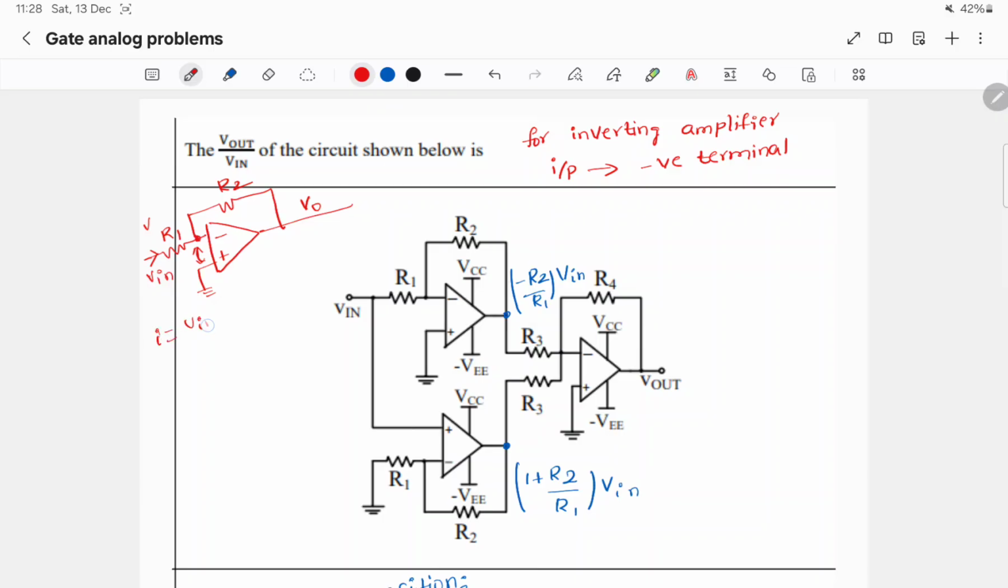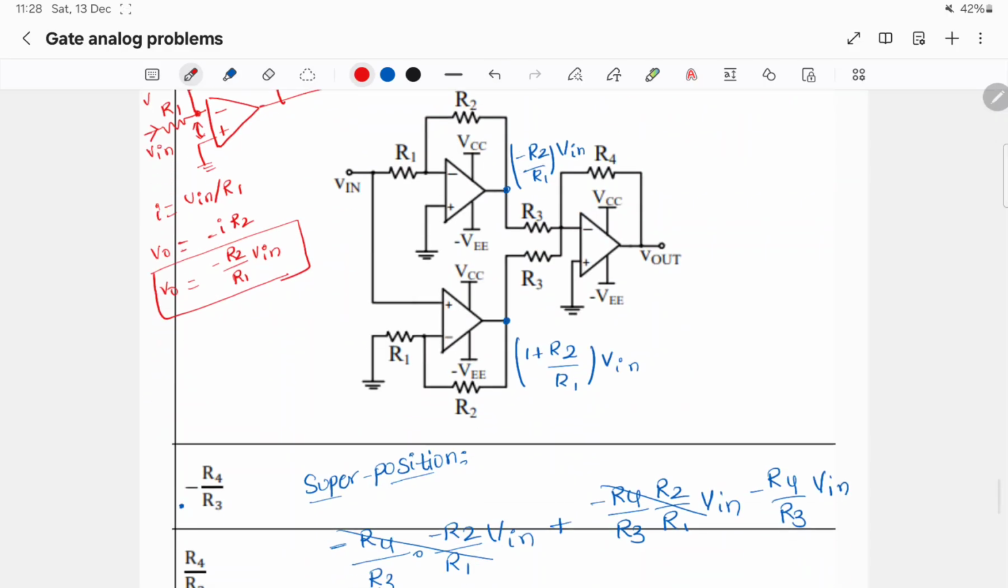I is Vn by R1 and V0 will be minus I times of R2. So V0 is minus R2 by R1 times of Vn. This is the standard result for an inverting amplifier.